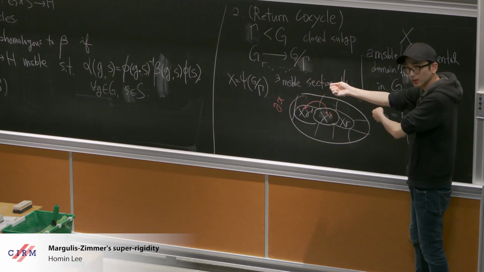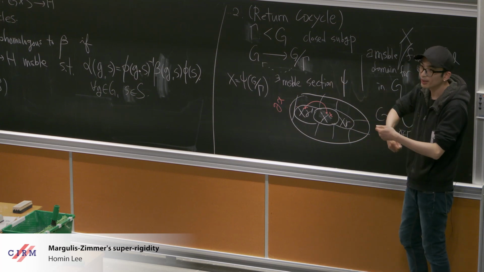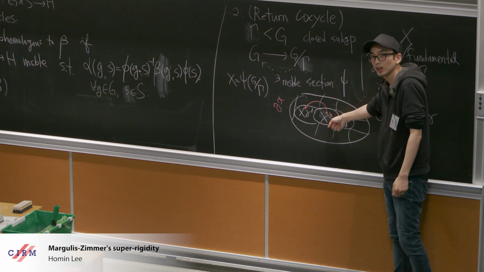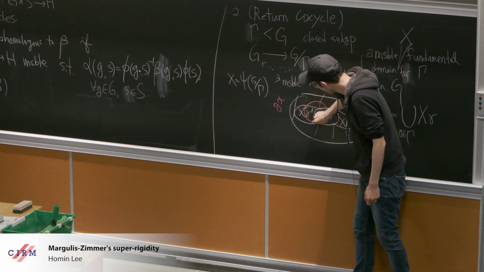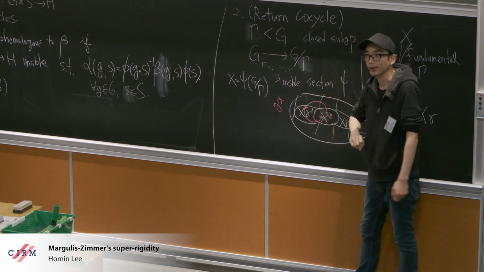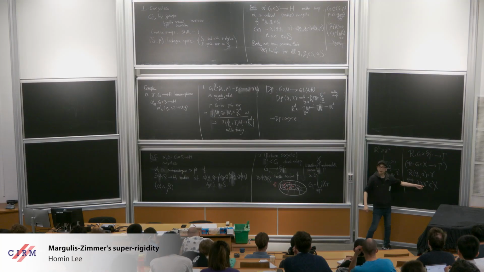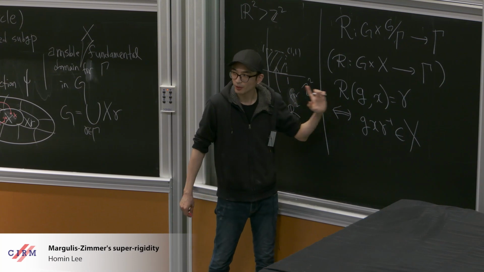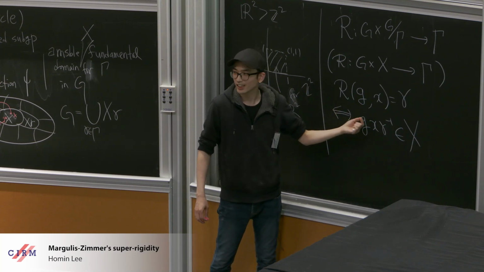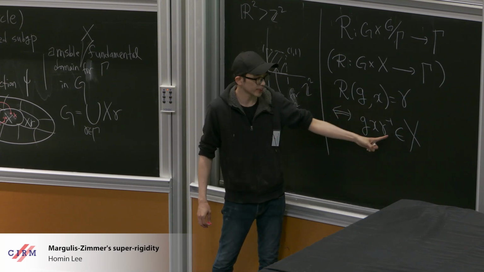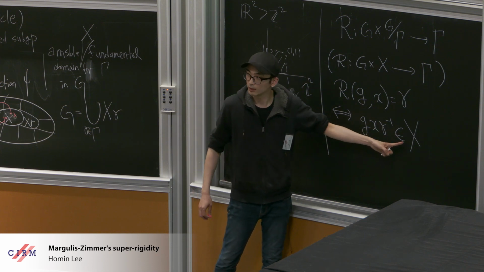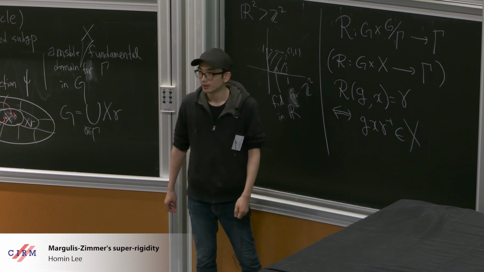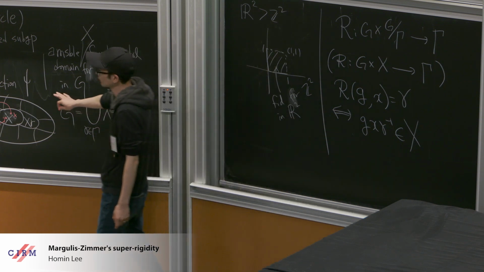This is just left multiplication. Of course, you may leave your fundamental domain, but there is a unique element in gamma so that you can come back to the fundamental domain by right multiplication. This is something like an exercise for you. You can check that there is a unique gamma so that g x gamma inverse is in the original fundamental domain. That's the reason I call it the return cocycle.